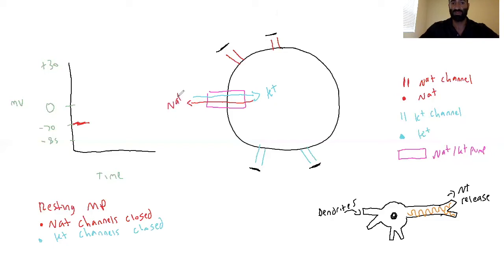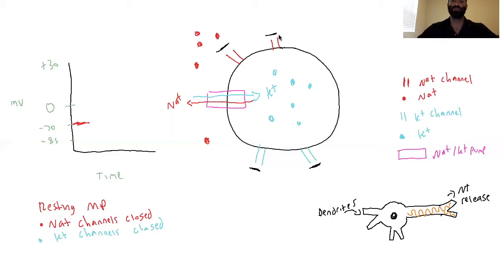Because of the actions of the sodium-potassium pump, you're going to have most of the sodium outside the cell. I'm not going to go nuts drawing the sodium. And most of the potassium is going to be inside the cell. You might be thinking, what's the point of this? They both have the same charge. Well, the point is concentration gradients, as we'll see.